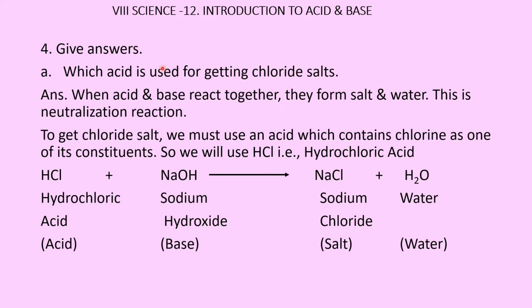When acid and base react together, they form salt and water. This is neutralization reaction. To get chloride salt, we must use an acid which contains chlorine as one of its constituents. So we will use HCl, that is hydrochloric acid, because this contains Cl, chlorine.